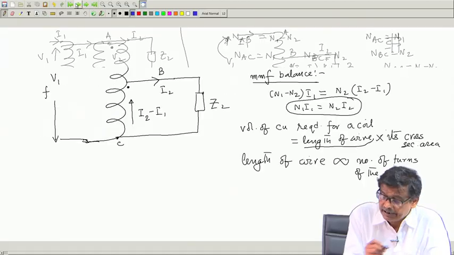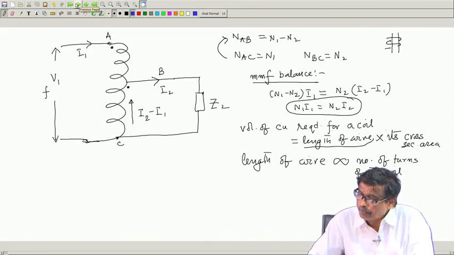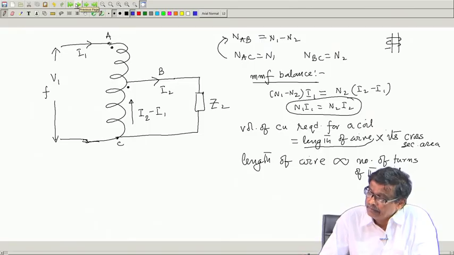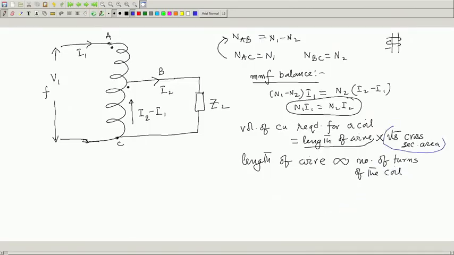In the previous slide, I have told you the length of the wire is proportional to the number of turns of the coil. What about cross sectional area? The cross sectional area of the wire forming the coil will be proportional to the magnitude of the current, because based on the current only, thicker or thinner wires are chosen.